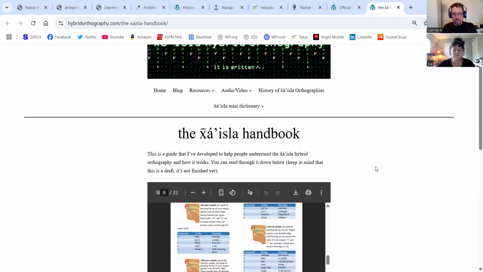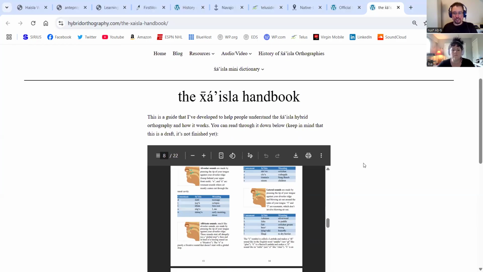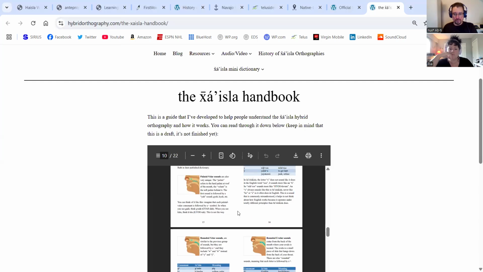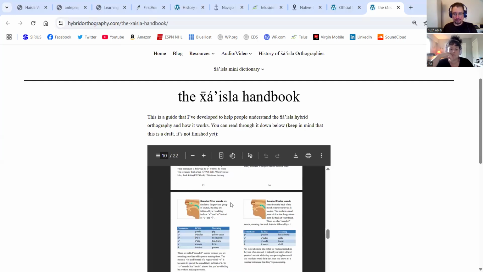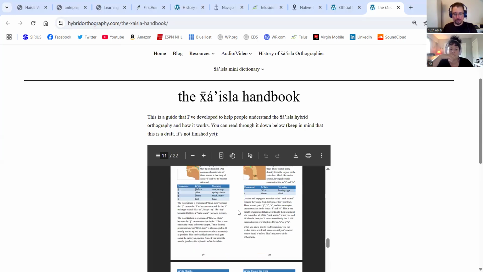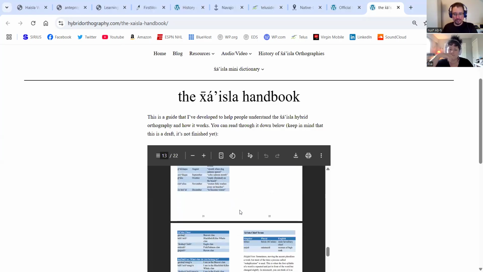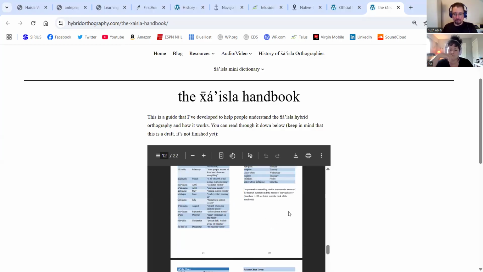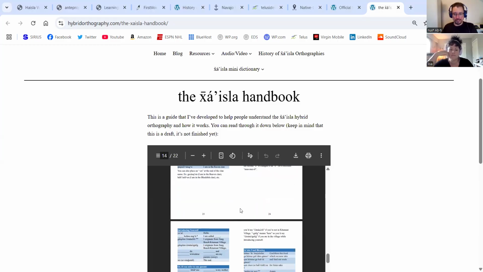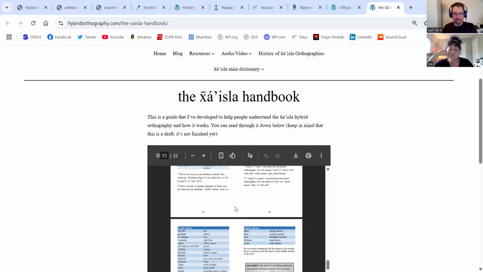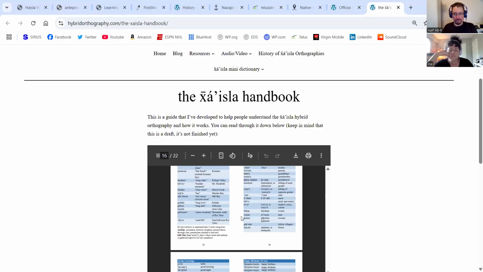One thing I should say about this handbook is that it is still a draft. It's not finished yet. There's a lot of typos that I have rediscovered as I've been going through it, making the videos. There's some empty spaces that I want to fill with reminders of different aspects of the orthography and how it works.